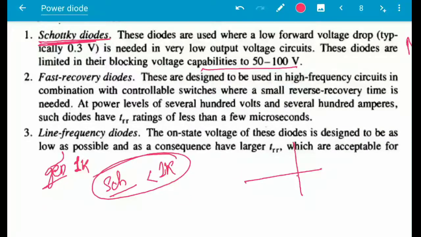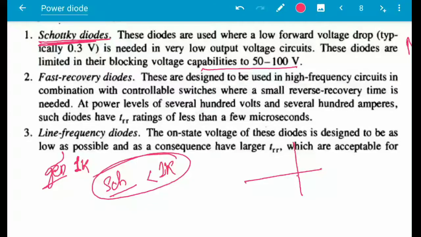and fast recovery diodes have low TRR, that is, reverse recovery time is very low. These are designed for high frequency circuits in combination with controllable switches, where a small reverse recovery time is needed at power levels of several hundreds of volts and several hundreds of amperes.